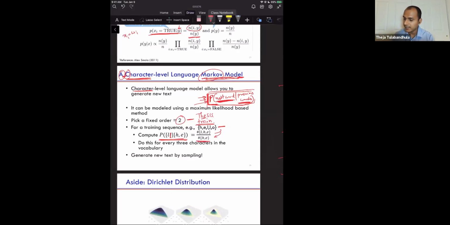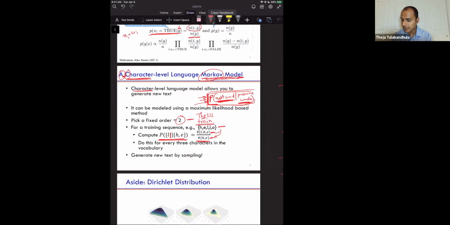The summary statistic is just saying pick out all the examples where you see H and E, and in those examples, wherever you see H and E, is the next letter L? If the next letter is L, count up. If the next letter is not L, ignore, and then you divide it by all the examples where you see H and E. Okay, so that gives us an estimate of this conditional probability.